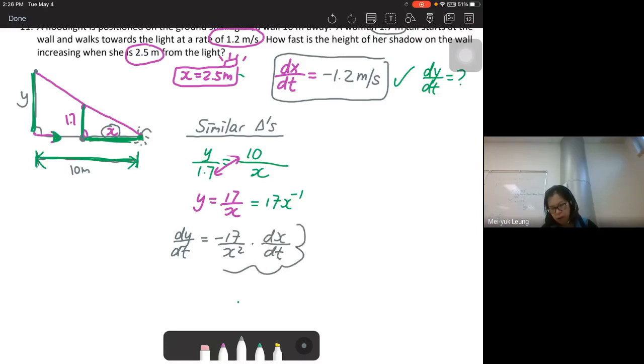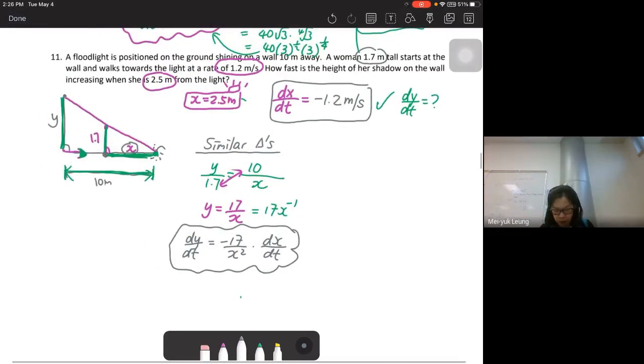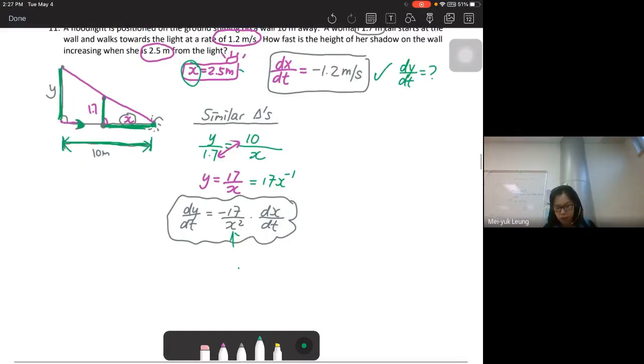Always keep in mind this is a related rates problem, so each variable is changing over time. When you differentiate, you have to differentiate with respect to time. This one is simple because we don't need to calculate any other information.